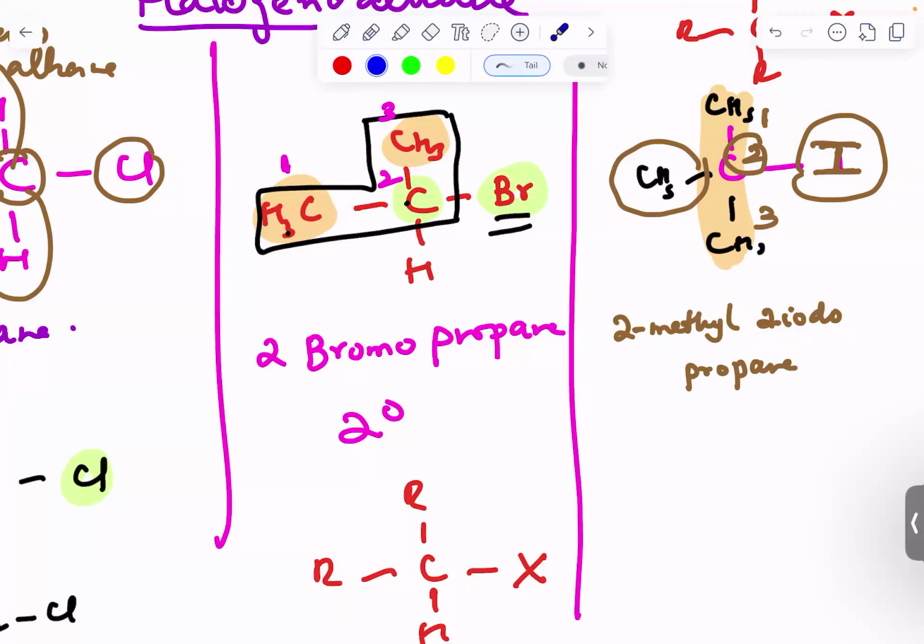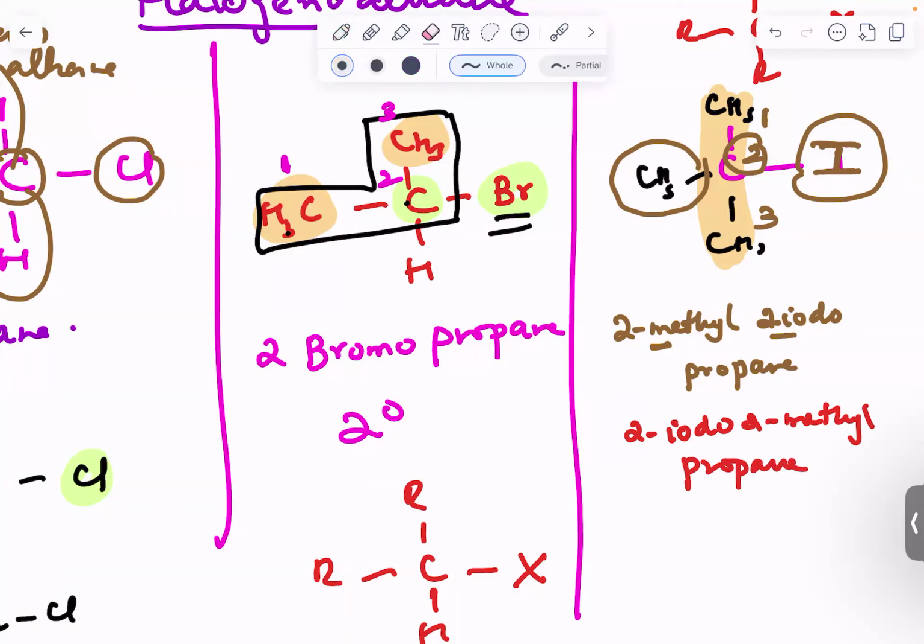All right, one change you can make. I comes before M, so it's better to write 2-iodo, 2-methylpropane. Why am I changing this?